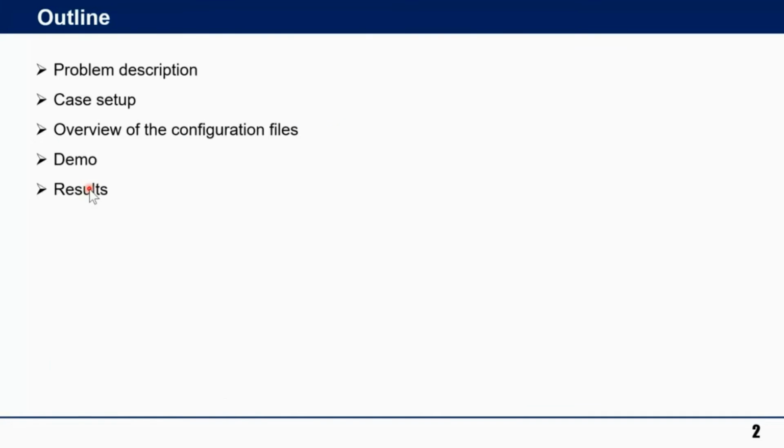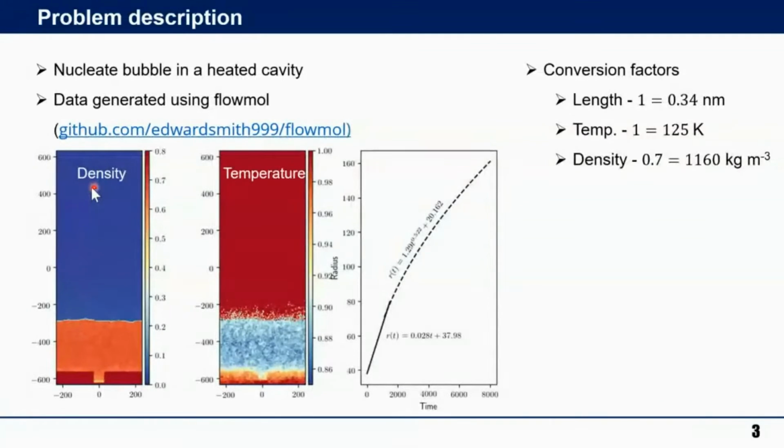So we want to model a nucleating bubble in a heated cavity. If we look at the plot on the left-hand side here, this is density contours from an MD simulation generated with FlowMo, which is an open source software for molecular dynamics simulations. You can download it from this GitHub repo.